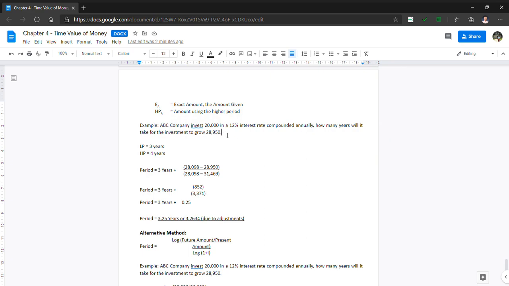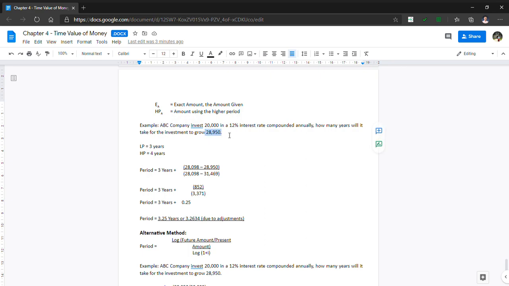Next, let's compute for the future value using 3 years. So 1.12 raised to 3. Makuha natin na future value factor is 1.4049. Multiplied by 20,000, makukuha natin na future value is 28,098. So 28,098 ang makukuha nating future value kapag 3 years ang ginamit natin.